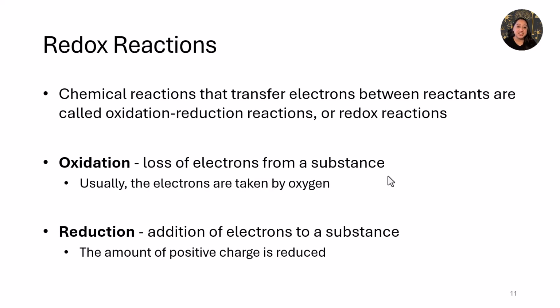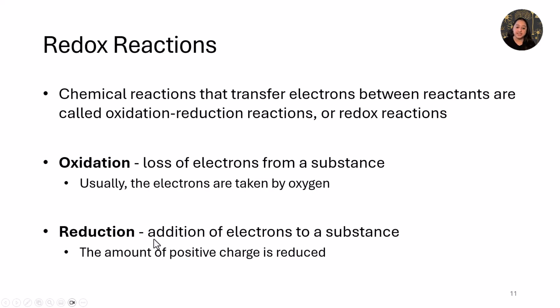So this process is called oxidation because usually it's oxygen stealing another atom's electrons. So I like to think of it as, oh, boom, you got oxidized. You got robbed by oxygen. Whatever helps you remember it, right? So oxidation is the loss of electrons from a substance.